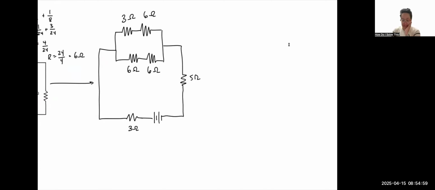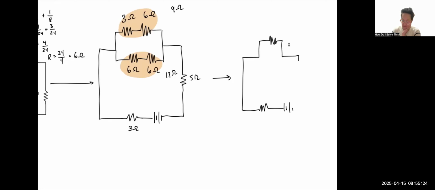Pretty trivial on this one to see that the top branch and bottom branch are both going to be places that we can fill in as a series. So 6 plus 3, we're going to get 9 ohms up here. 6 plus 6, we're going to get 12 ohms up here. And so a quick redraw will give us this with a 9 ohm, a 12 ohm, a 5 ohm, a 3 ohm.